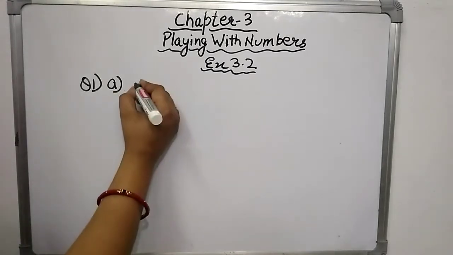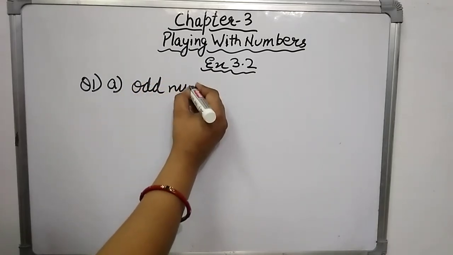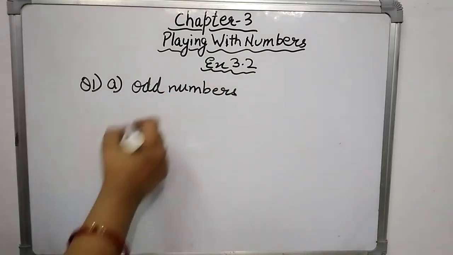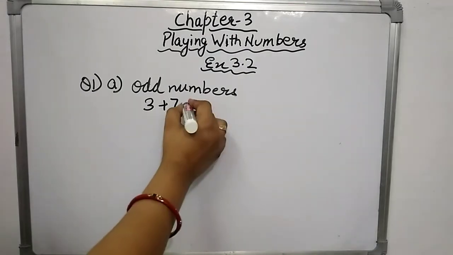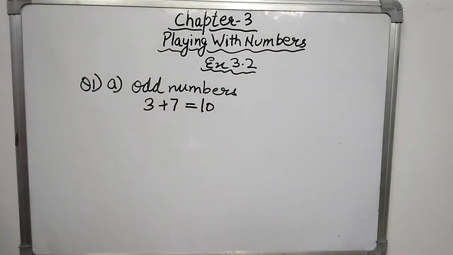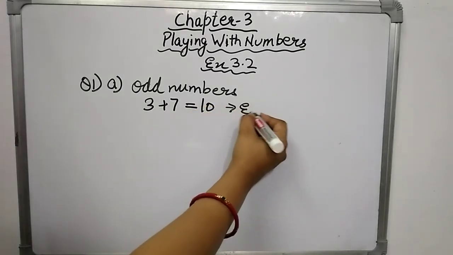So let's see. For odd numbers, if we add any two odd numbers, here I am adding 7 and 3. So the answer is 10, and 10 is an even number.